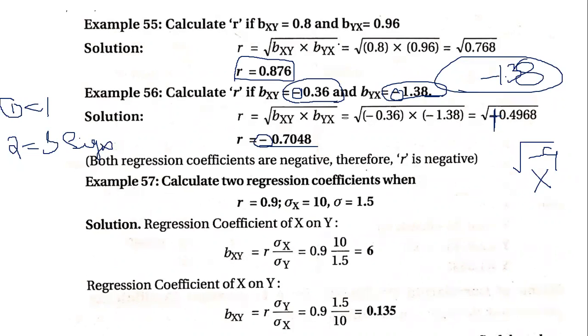Here both the numbers were plus, so that is why you have a plus value. Here both the numbers were minus, so you will also have the correlation coefficient as a minus value. Okay, so there is a note given. Both regression coefficients are negative, therefore R is negative.